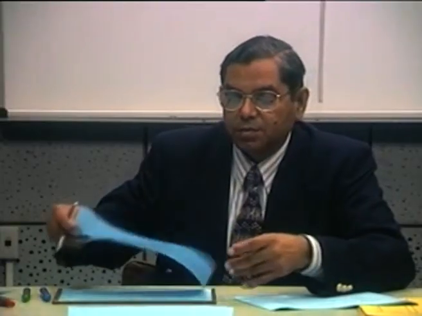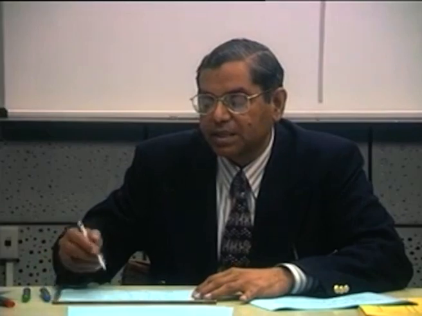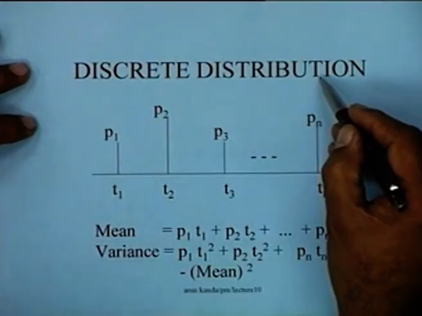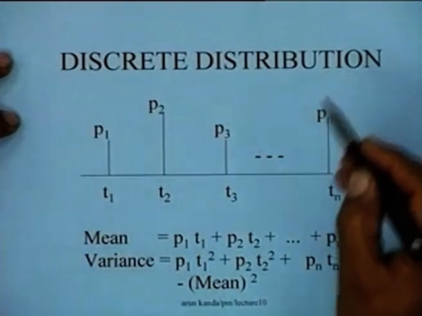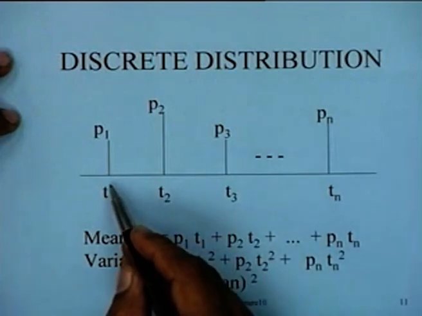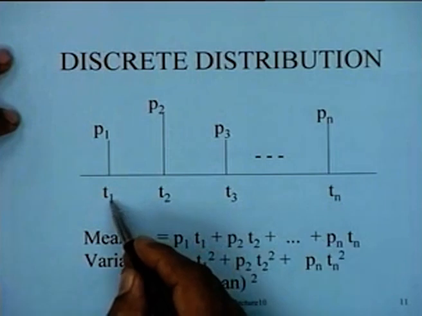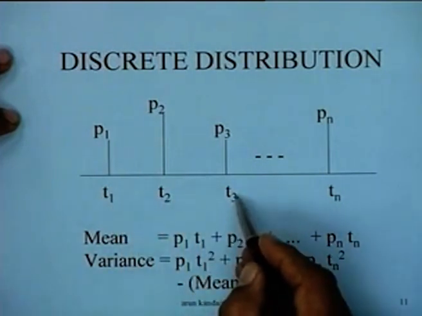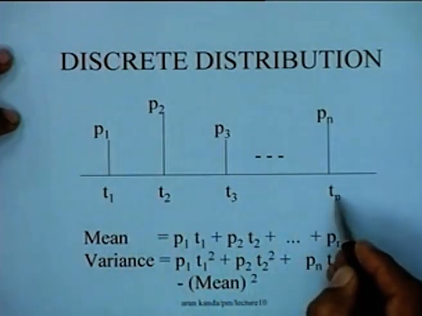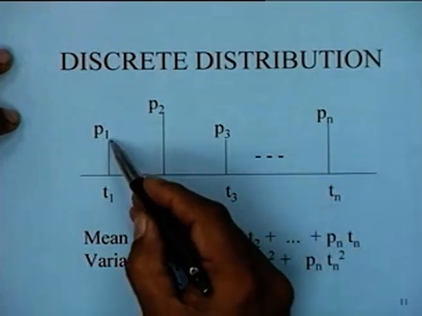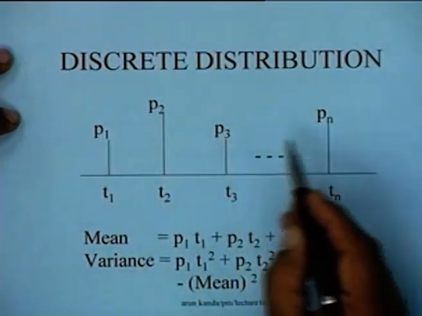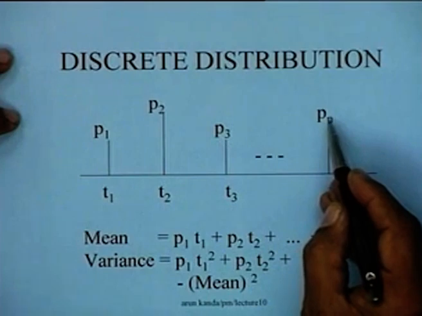Apart from this, one might want to use a discrete distribution. A discrete distribution would be something like this, that the activity could take the time either t1 or t2 or t3 and so on up to tn with probabilities of p1, p2, p3 and so on up to pn.